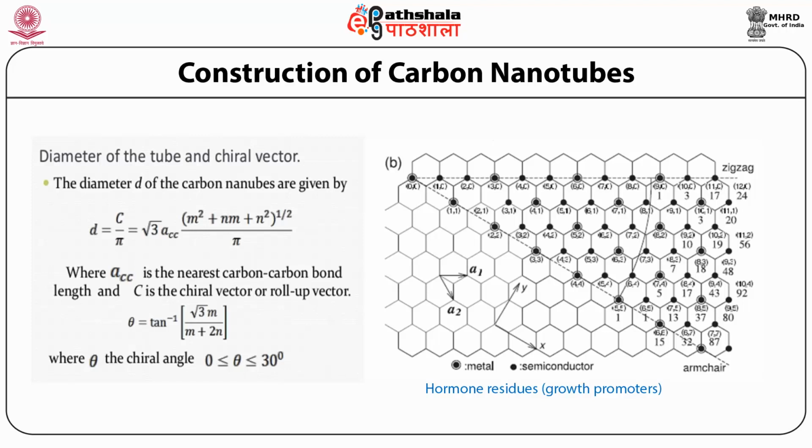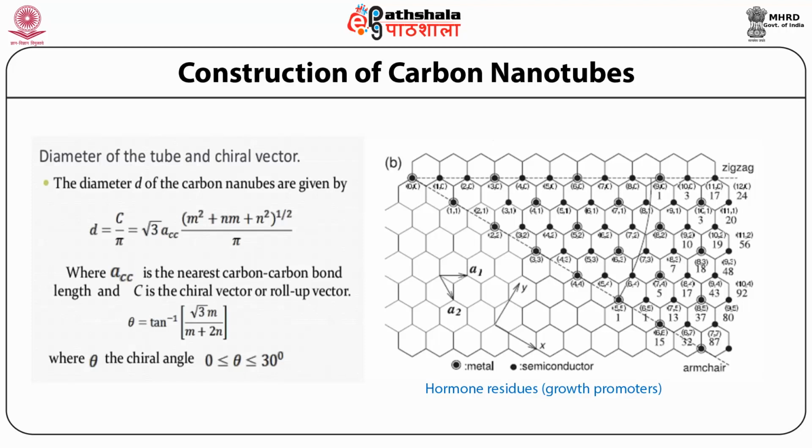I want to mention here that a1 and a2 are the two vectors from the carbon-carbon distance, which is shown in the figure. In this way, as you can see by the structure, one can determine the diameter of nanotubes and chiral vector of carbon nanotubes.